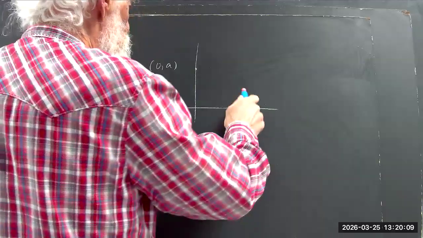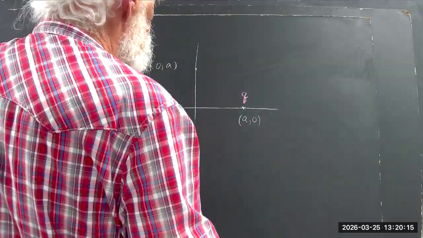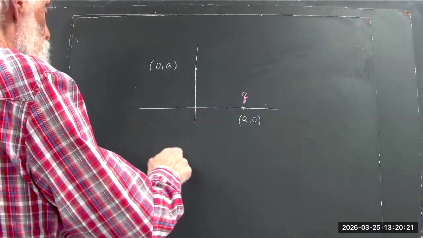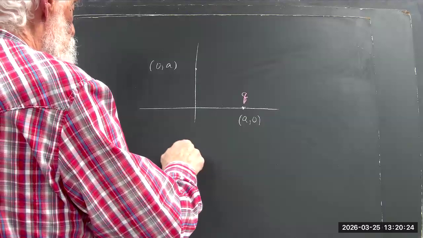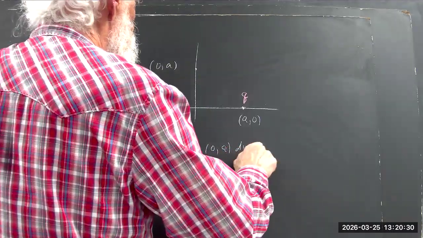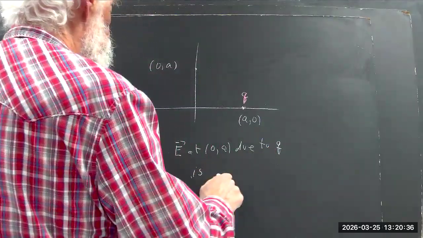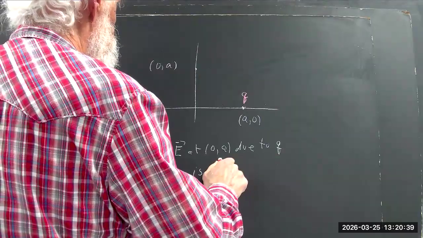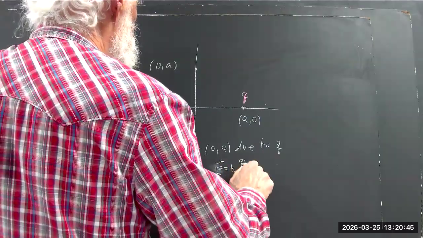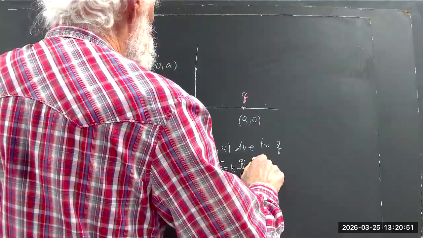You have a charge Q at the point a, 0. The electric field at 0, a due to Q is, let's write it out, E equals k Q over R squared times the unit vector, R divided by its magnitude.